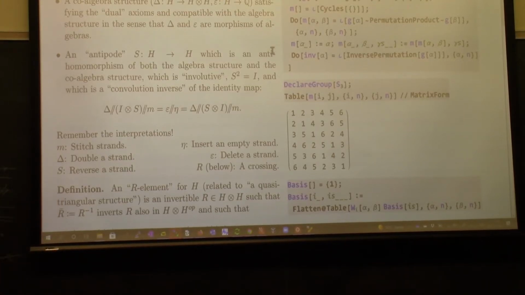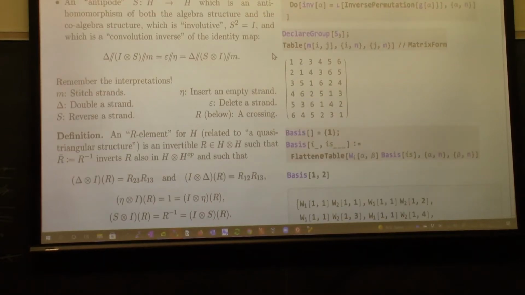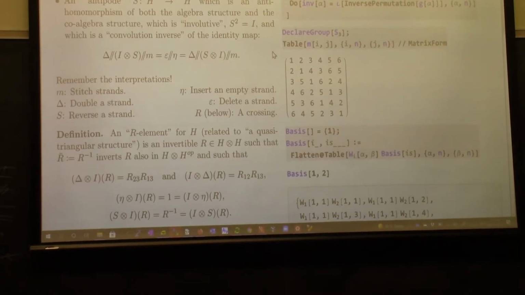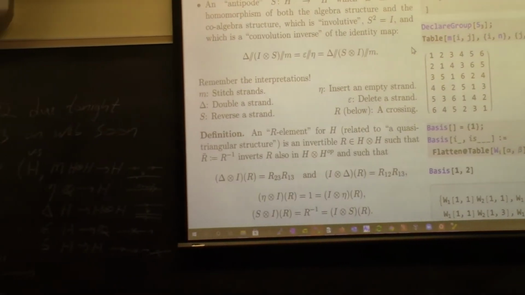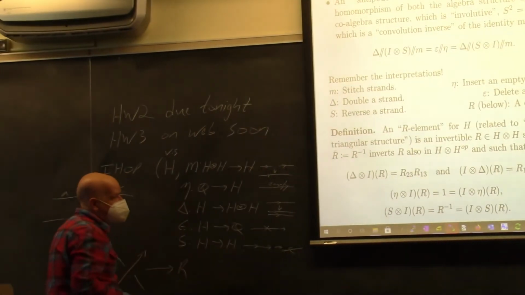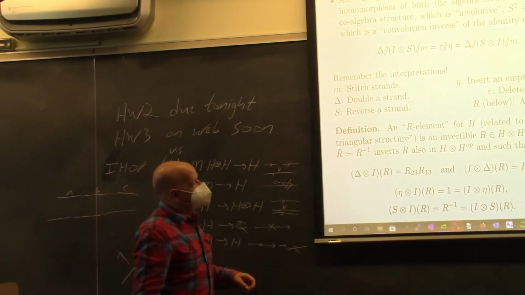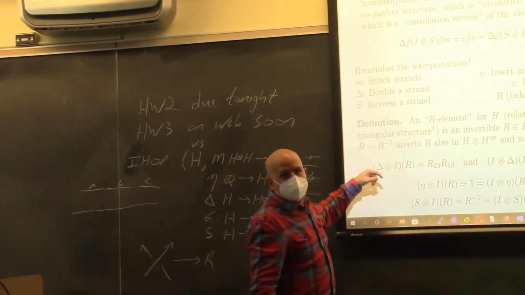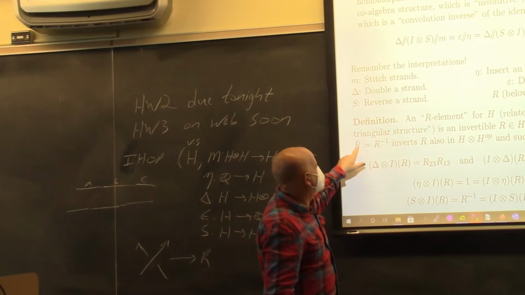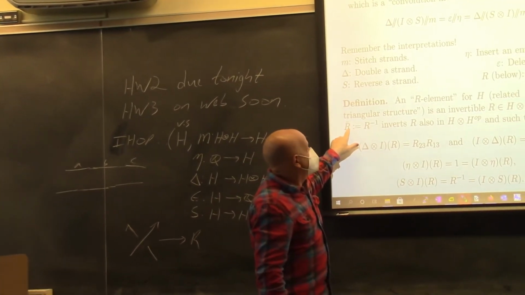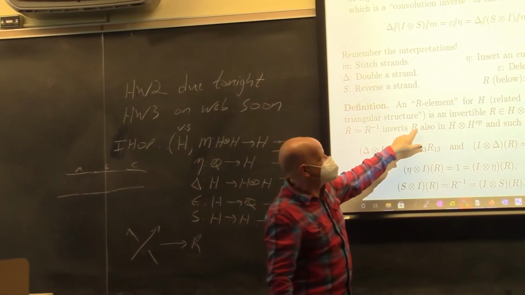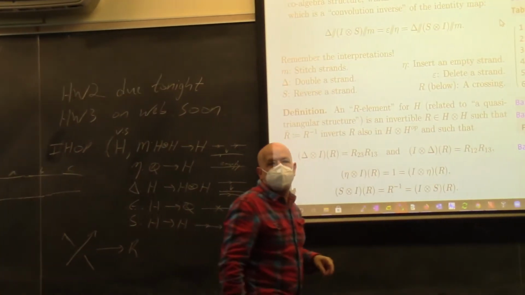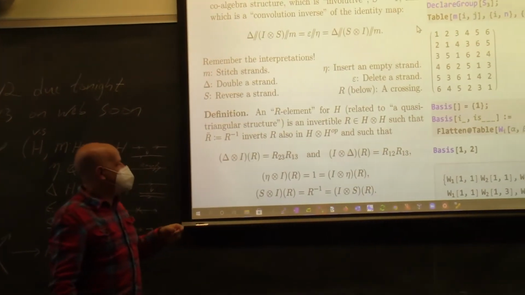And then the last thing is an R element given a Hopf algebra. So this is an independent thing. It's the value of a crossing. And it has properties as I mentioned last time. So first of all, you can define R inverse to be R bar, and then R bar inverts R also in H tensor H^op, the opposite algebra.